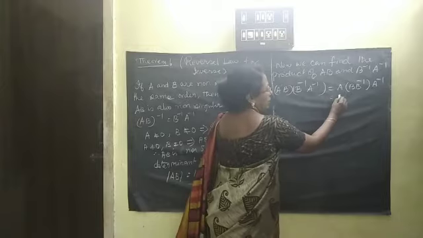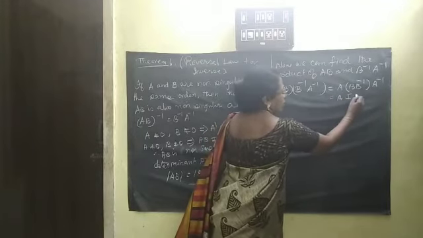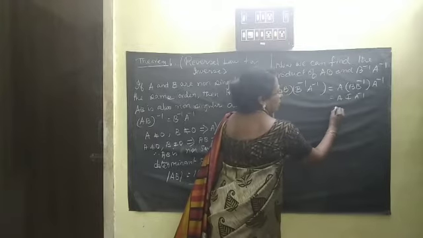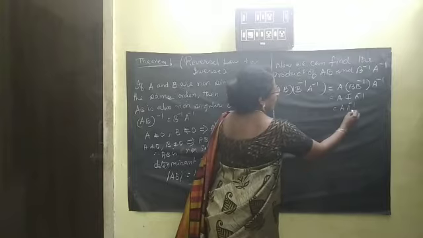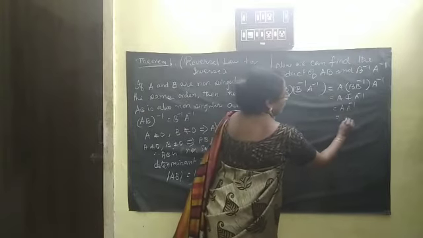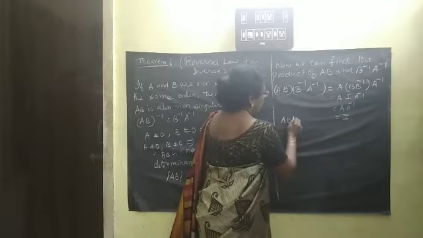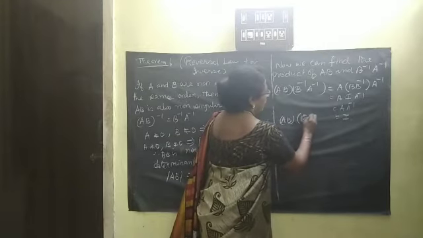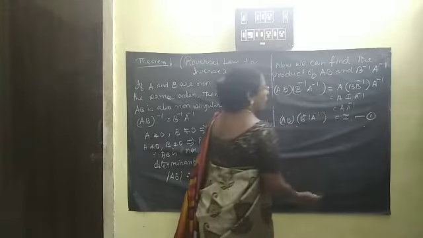This can be written as A into I into A inverse. This is equal to A A inverse. This is equal to I. So AB into B inverse A inverse is equal to I.